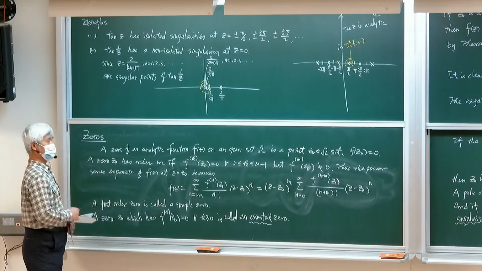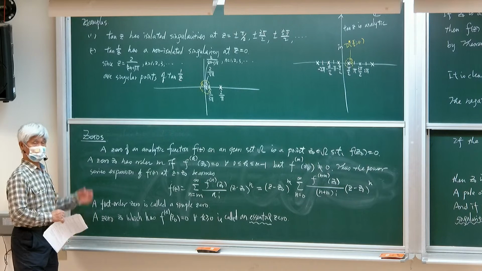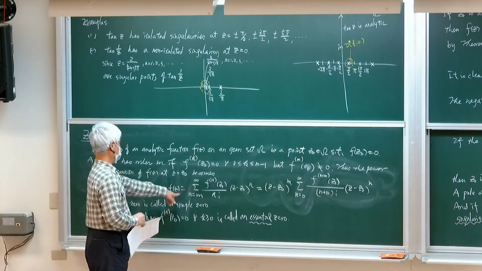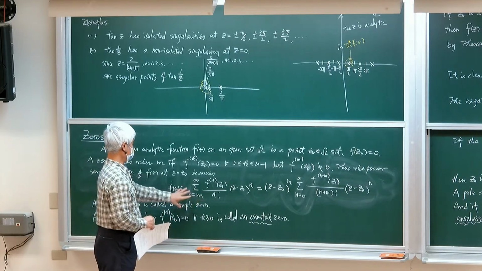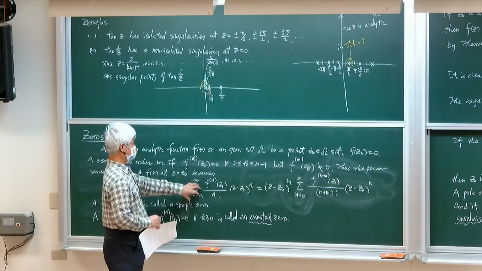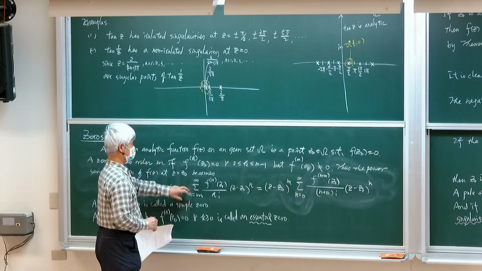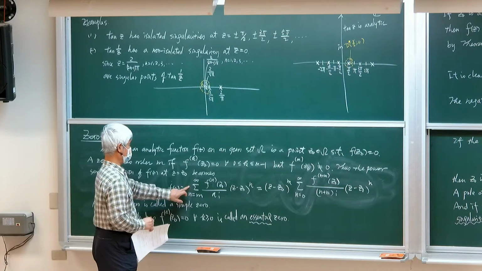So an essential zero must be very special. Essential zero means that if z0 is essential, then the power series coefficients are all 0.